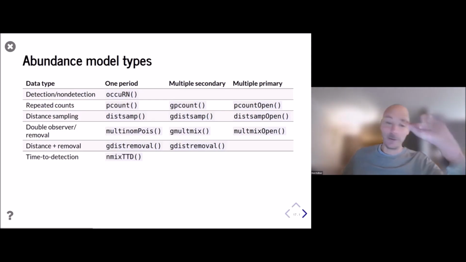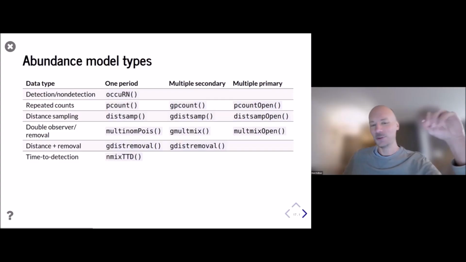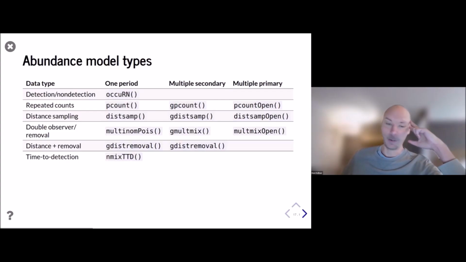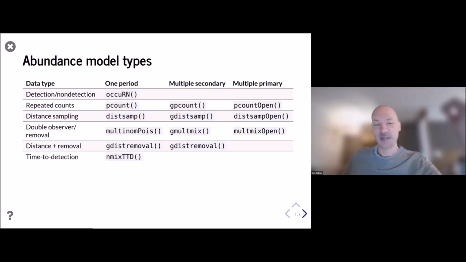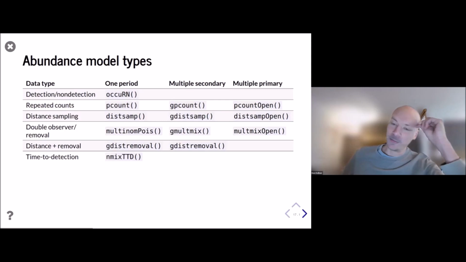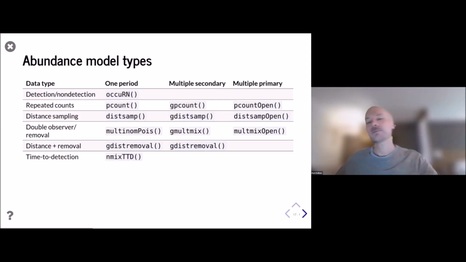So this is actually pretty common for bird point counts, where you are doing a point count, and every time you see a bird, you both measure or estimate the distance to that bird and then also which time bin it fell into. So if you have both of those things, that allows you to get better estimates of detection and also estimate availability, among other things. And then you can also get abundance from time to detection data, which is kind of neat. So we've got a little bit better support for multiple secondary and multiple primary periods for the abundance models as well.